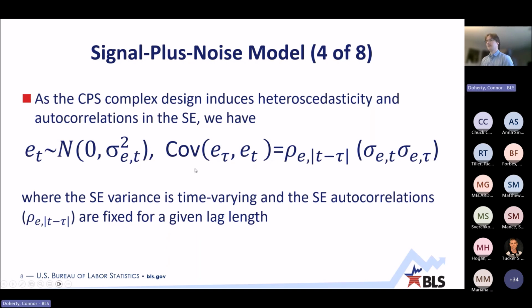And then we also have that the covariance between the survey error at two different time points is rho times the standard deviation at those 2 points. And this rho is the sampling error autocorrelations, which are fixed for a given lag length. You can see that with the absolute value of the time difference here. So those are two properties of the sampling error.